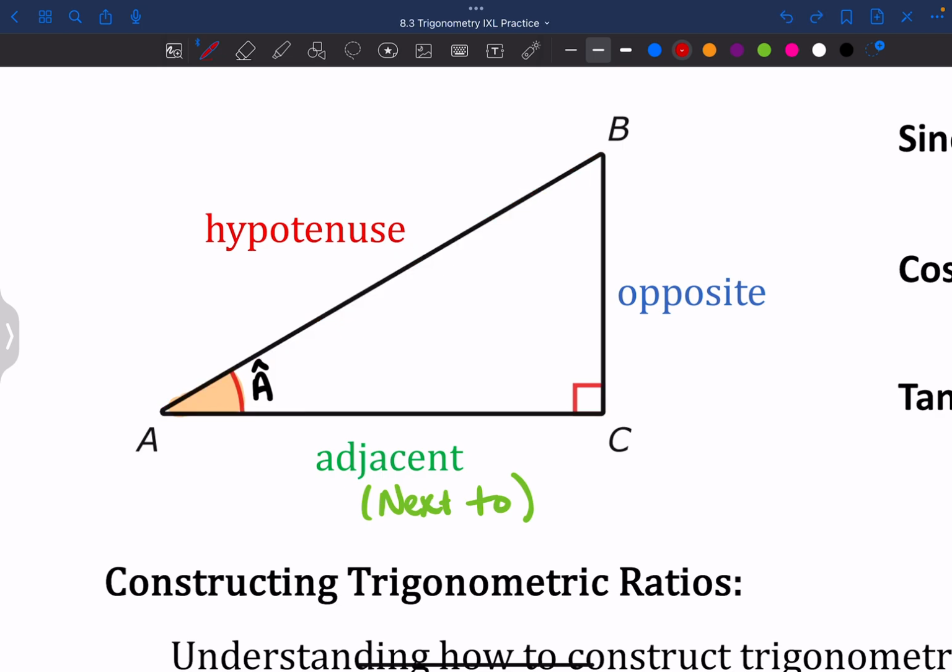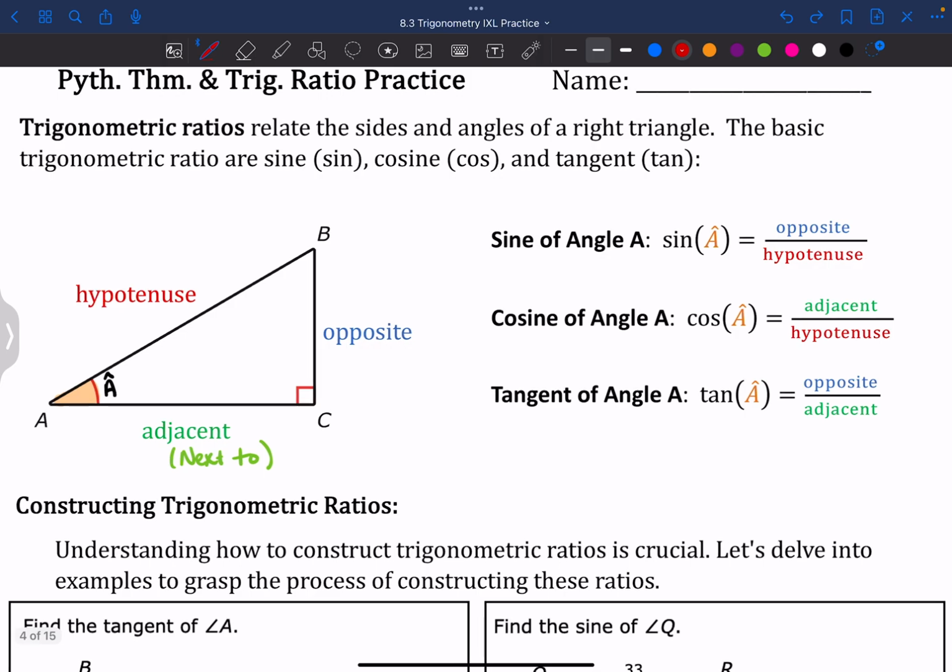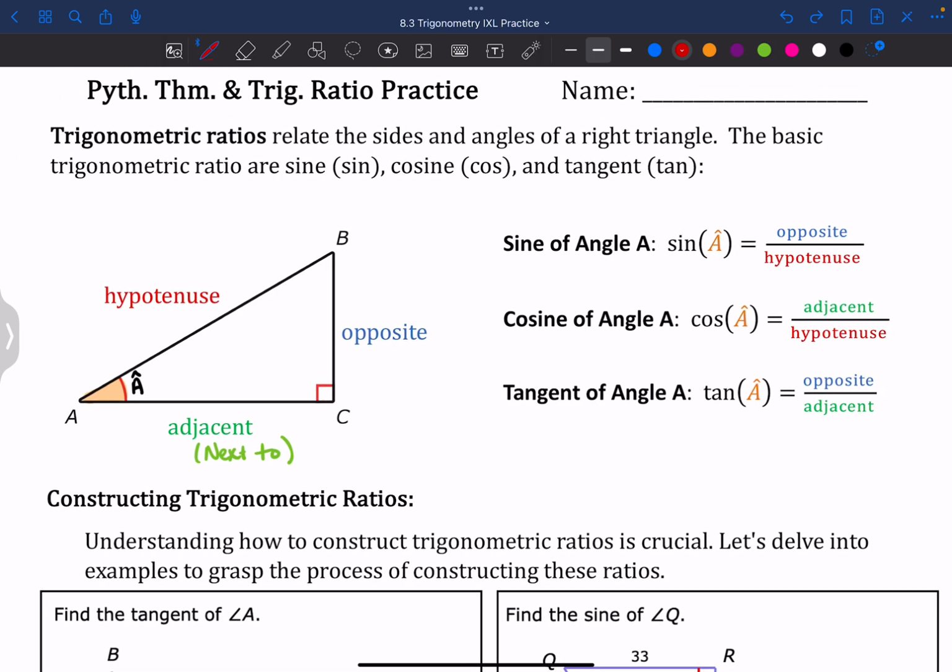We have trig ratios that deal with the sides that we just labeled. So let's take a look at them. Sine of angle A, again, this is angle A right here, that angle that is created at point A. We read this part as sine of angle A. So sine of angle A is equal to the ratio or the fraction where we take the opposite side, literally this side right here, over the hypotenuse.